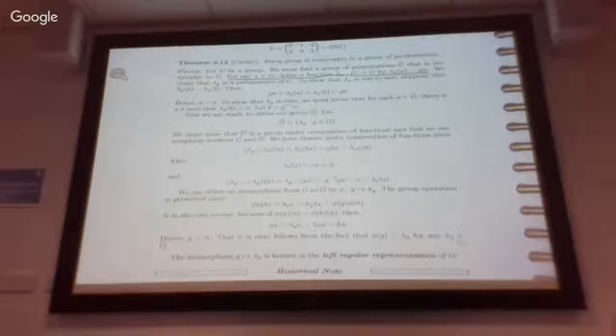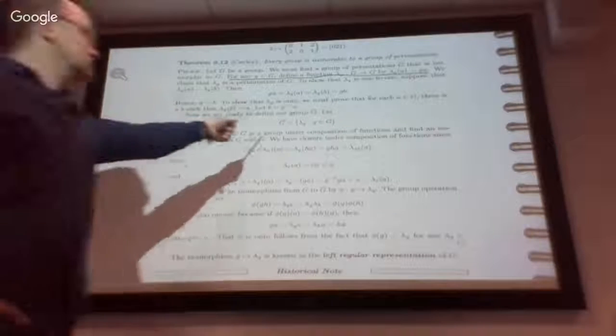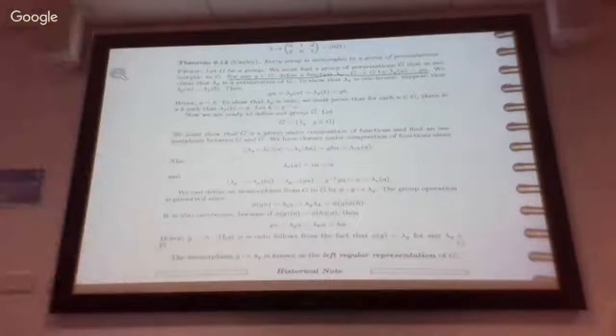So G bar is a collection of permutations. G bar is just the set of all these mappings, lambda G. And then you just have to prove that it's an isomorphism.